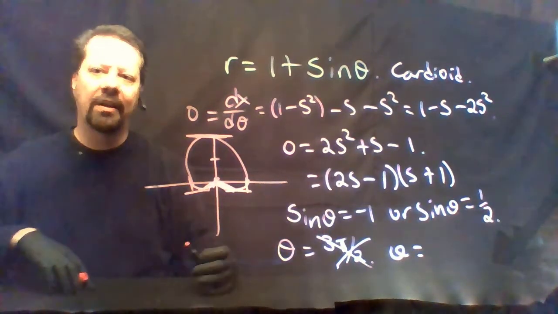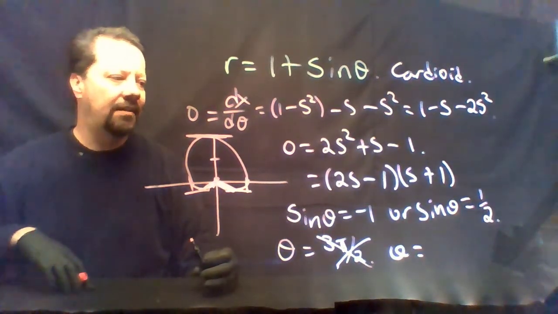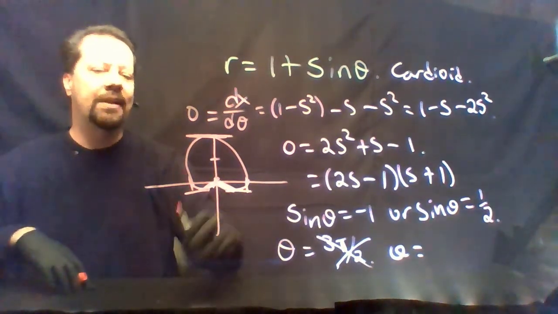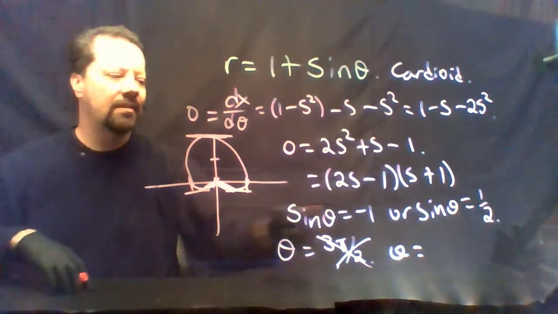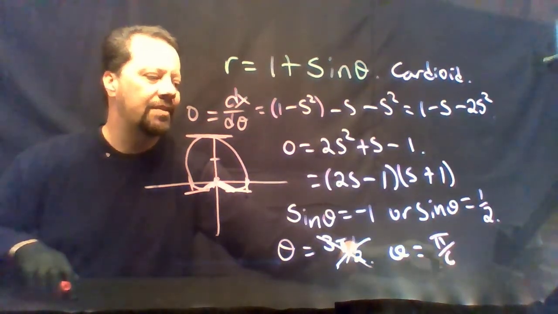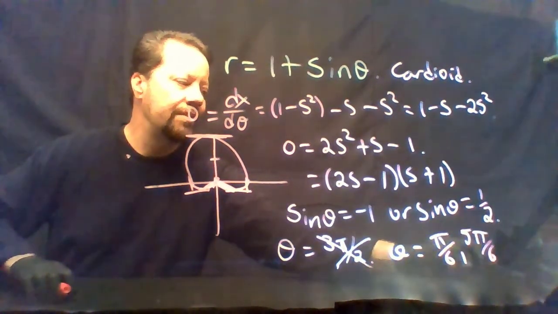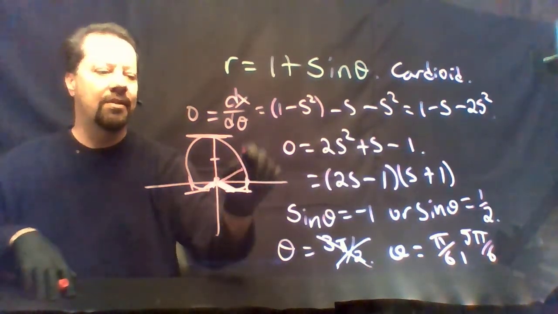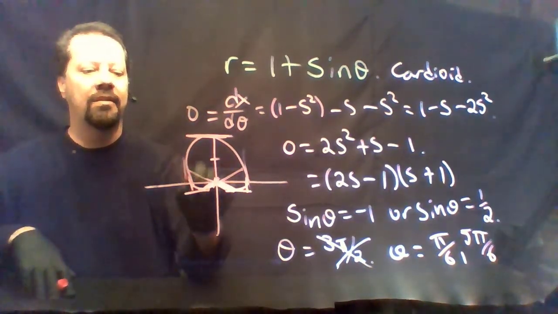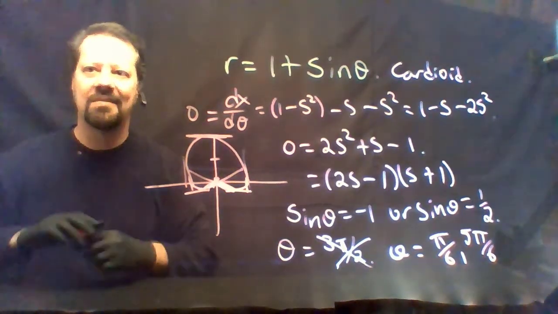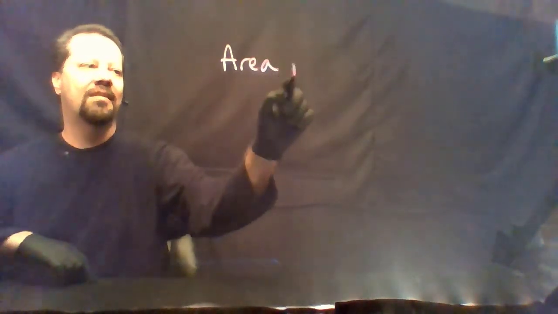Alternatively, we are looking for places with a reference angle of pi over 6 in quadrants 1 and 2, because sine is positive in those quadrants. We'll have pi over 6 and 5 pi over 6. That'll be these locations where we get vertical tangent lines.